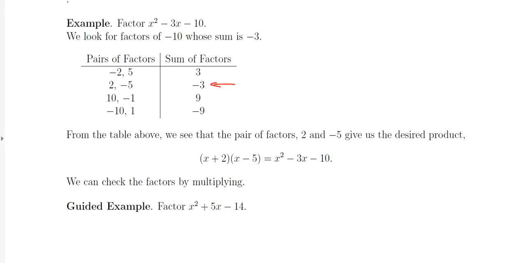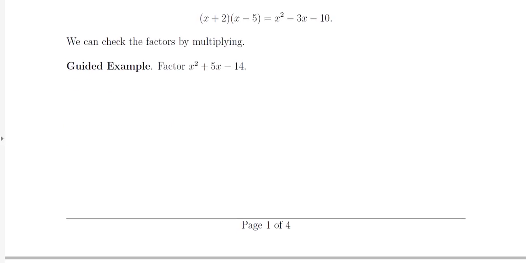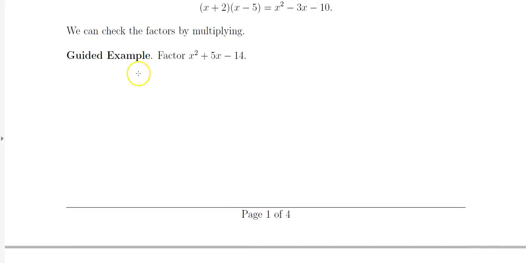Let's take a look at this guided example. Take notes of this on your note sheet. I want factors of negative 14 that have a sum of 5. 14 I think of as 2 times 7, and I want the middle term to be positive.